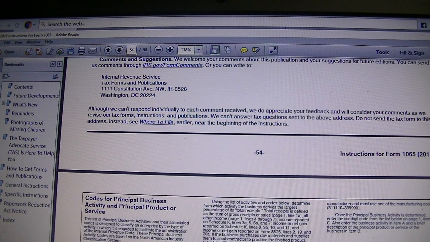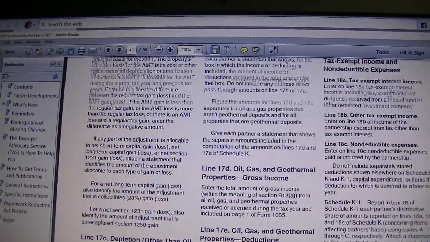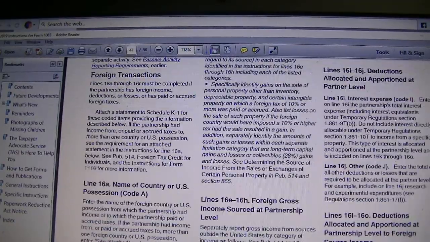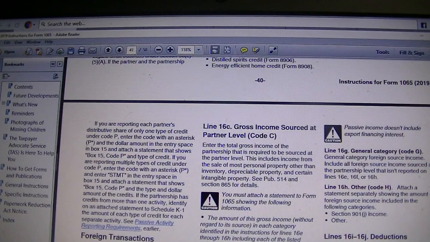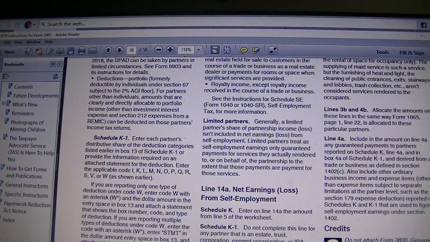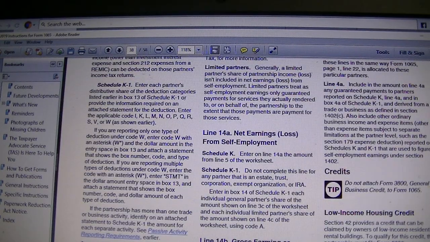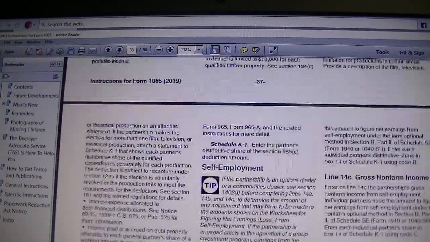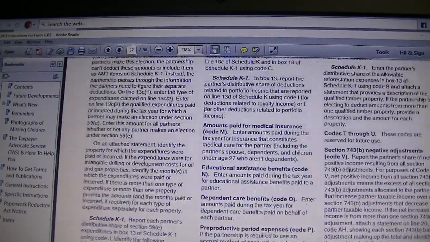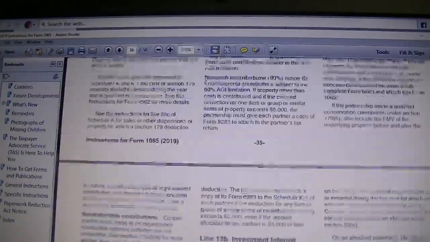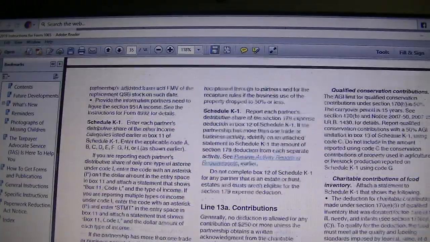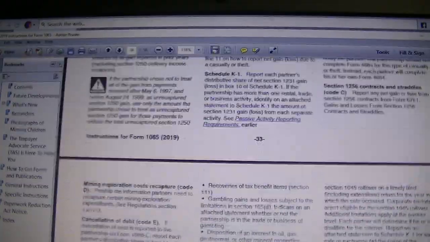But if you don't know how to organize those papers before you put them in the envelope, just send me a comment and I'll look it up and answer you back in the comment as well. That's how you'll organize it, and then you'll put it in the envelope and mail it to the address.